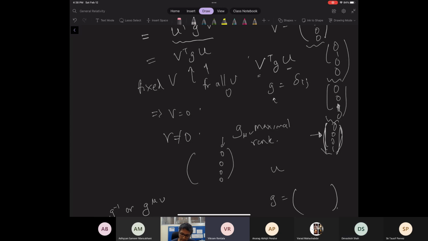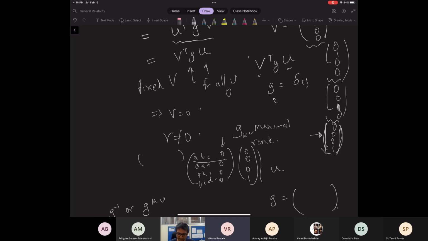Yes, the last column. If the last column is 0, then this would give me 0 when I take the dot product with something else, because every time I multiply this with this, I will always get 0.